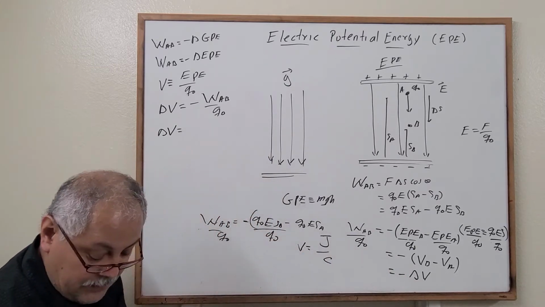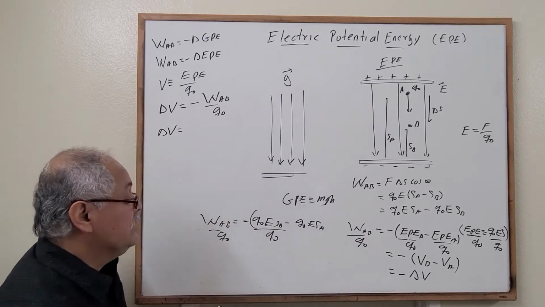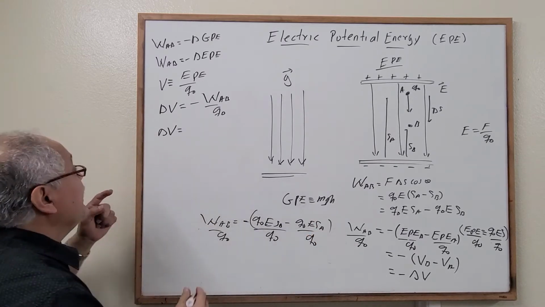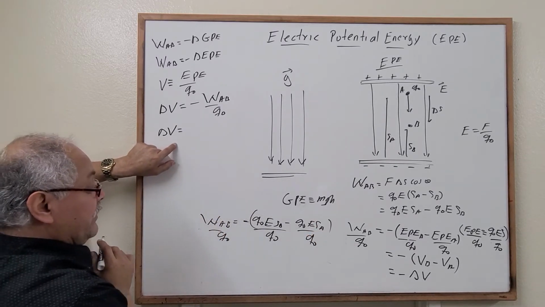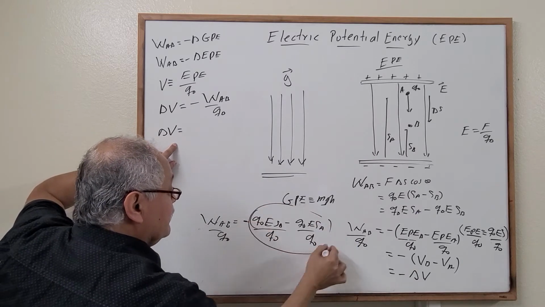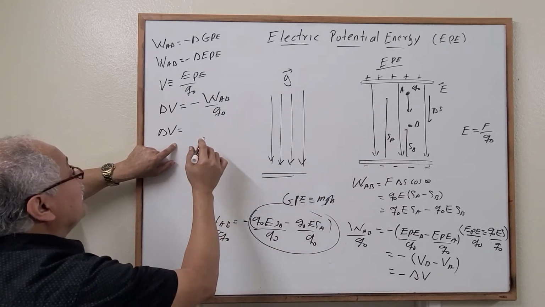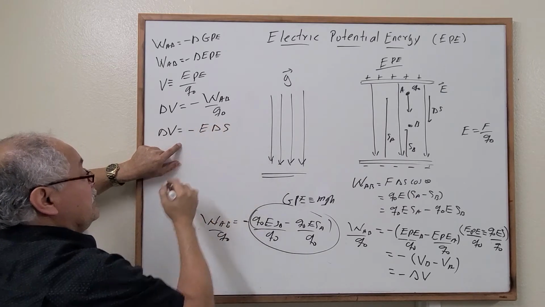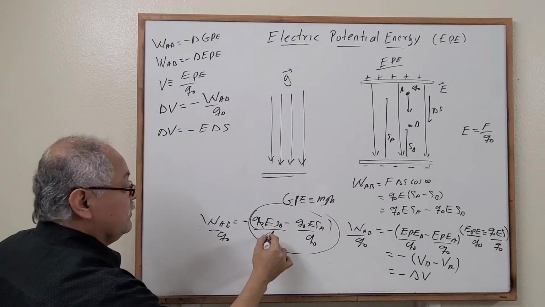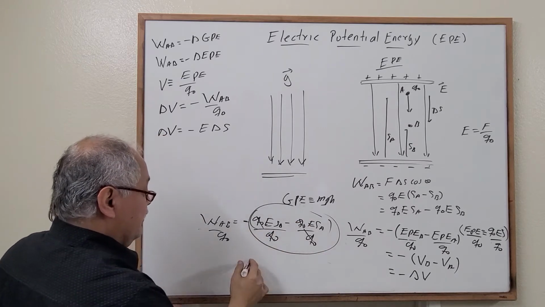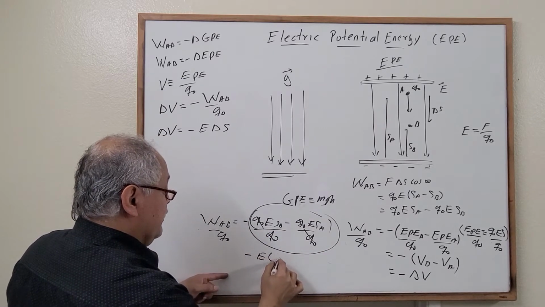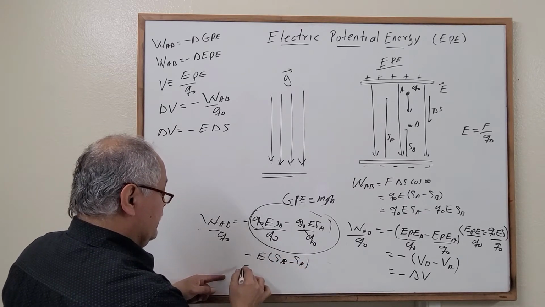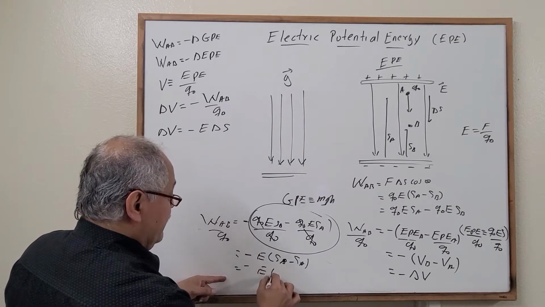Then this potential difference is equal to negative the electric field times change in S. The Q naughts cancel, and it's negative the electric field times S B minus S A, which is the change. It's equal to negative E delta S.